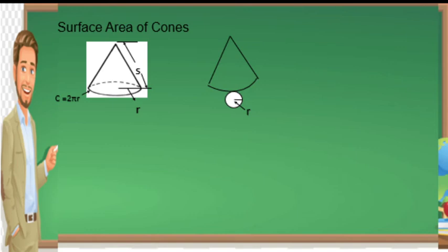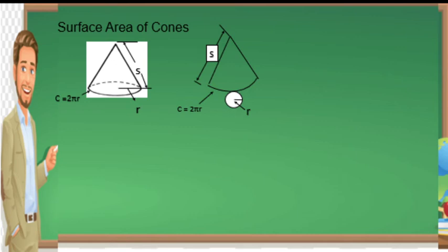So of course, this is the slant height, and this is the circular area, and of course this is the circle. So that is the slant height, and of course the circumference is equal to 2 pi r.